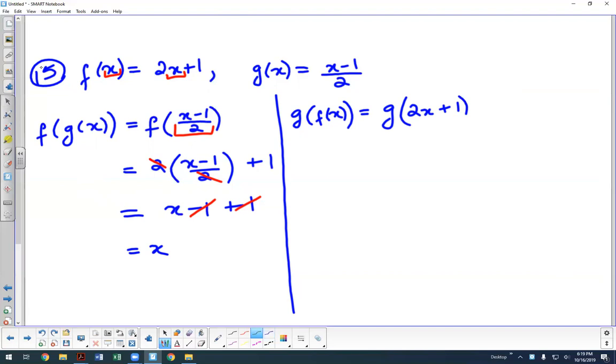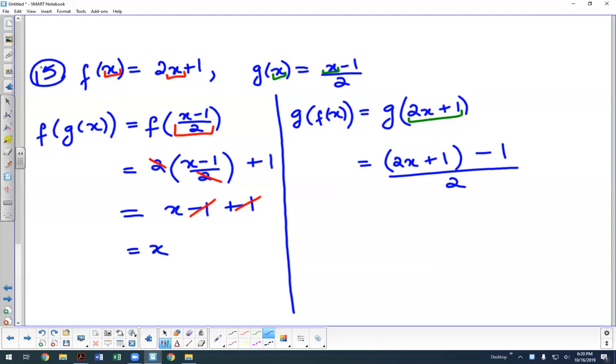So here, everywhere that I see an x is going to get replaced with 2x plus 1, which means we will have x minus 1 divided by 2, and the x is going to get replaced with 2x plus 1.